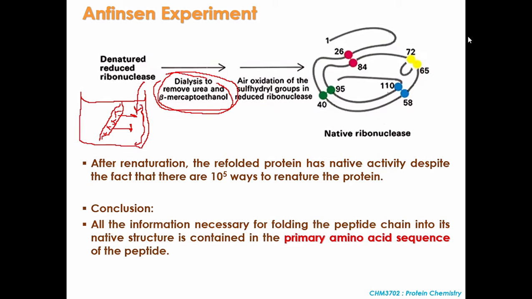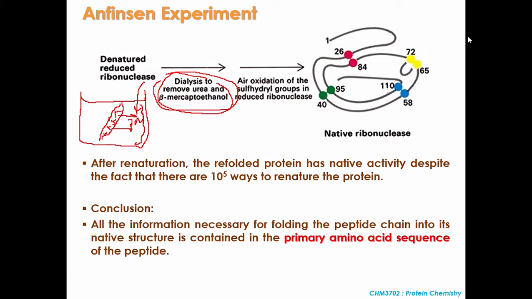Because it will create an equilibrium. For example, you start with 6 molar of urea. When you first dialyze your sample, it will reach equilibrium around 2 molar: 2 molar of urea here in the big beaker glass, and 2 molar of urea in your sample.